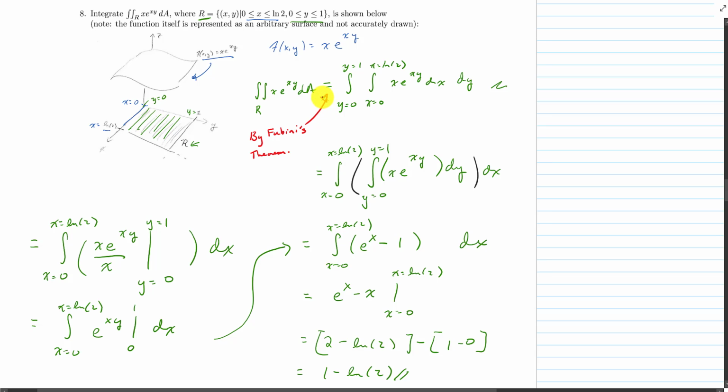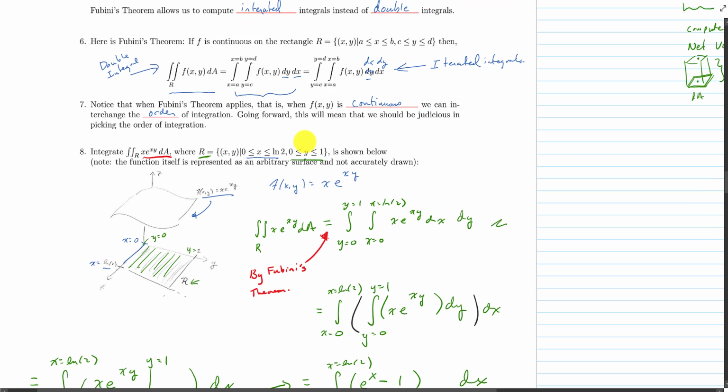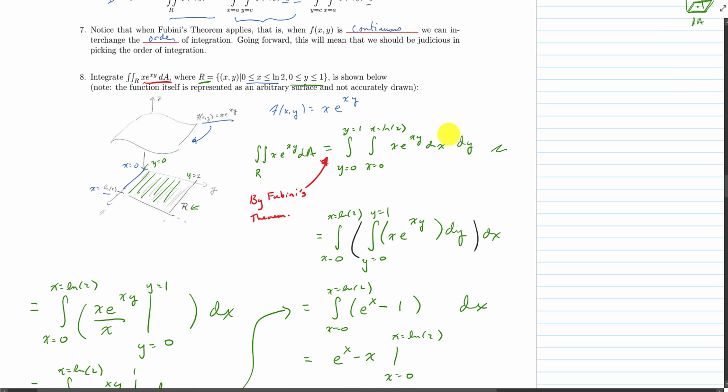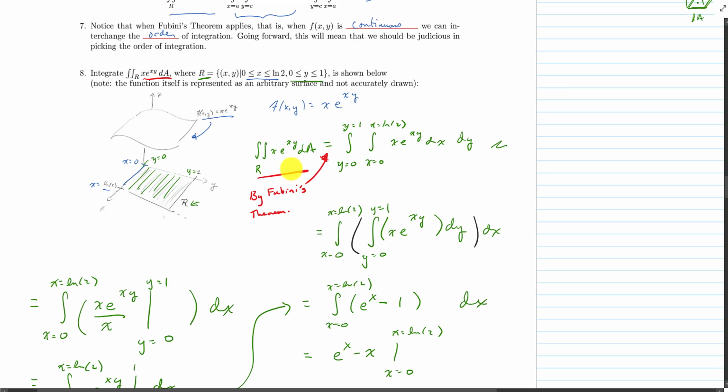We applied Fubini's theorem to say, rather than evaluating this double integral, which is generally hard to do, because our integrand was continuous, that means Fubini's theorem applies. That's all we need to be able to apply Fubini's theorem. And so we were able to rewrite this double integral as an iterated integral.